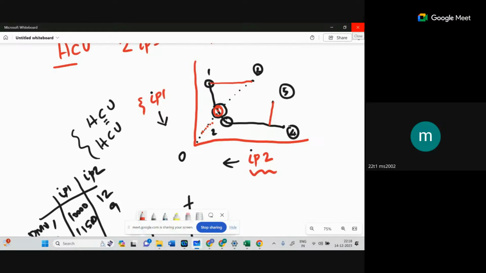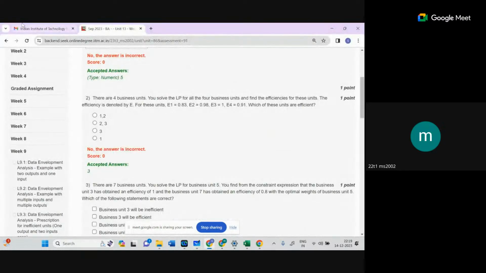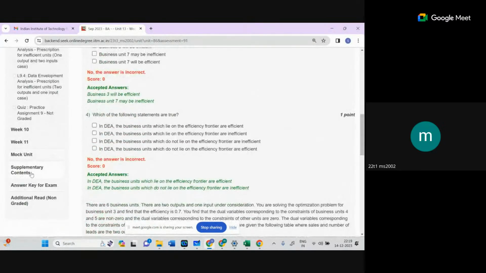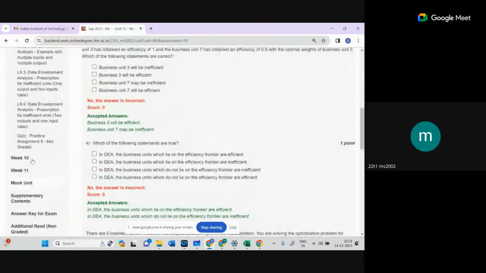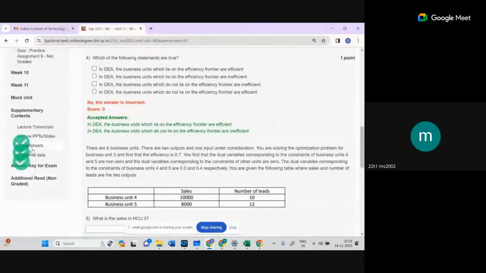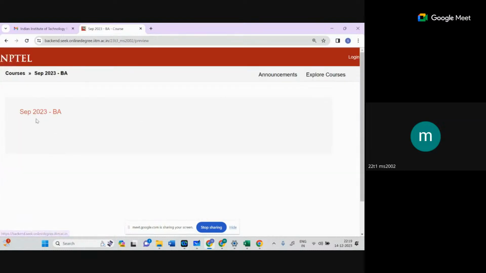You can cross-check it with the spreadsheet folder. I would strongly recommend you to do this. You have all the materials available here, supplementary contents, spreadsheets, and so on. Download everything and run the sensitivity analysis on Excel. Download all the data sets. Then you will get a better understanding.